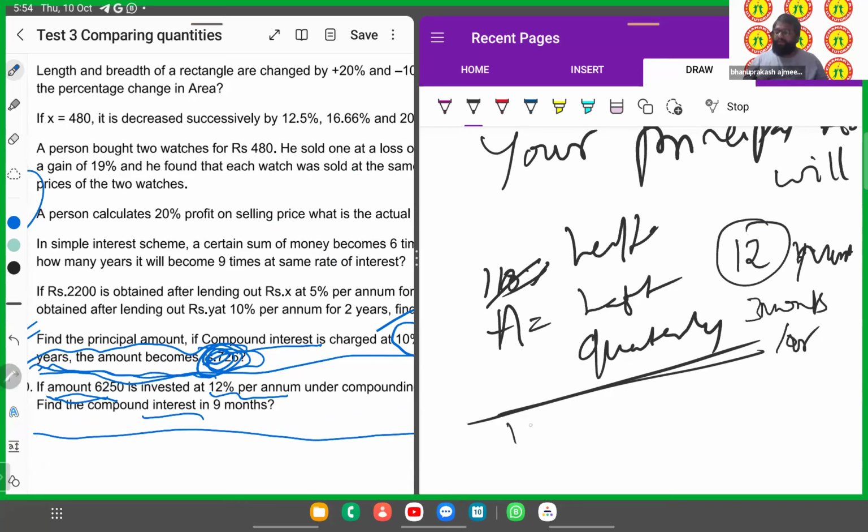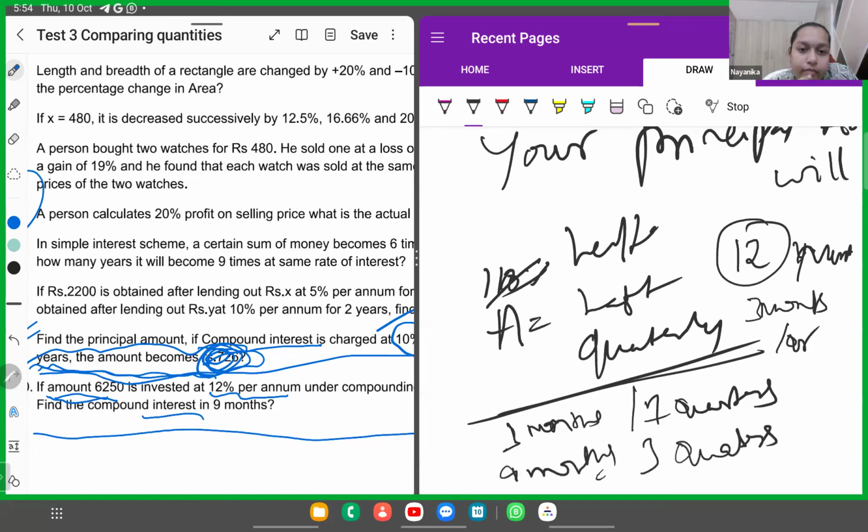So 3 months for 1 quarter means for 3 quarters it is 9 months. How many of you agree with me? Yes, sir. So for 3 quarters it is 9 months.